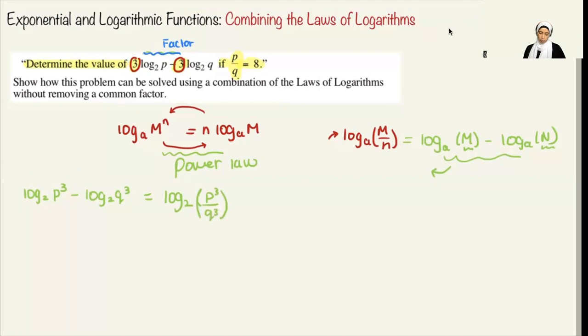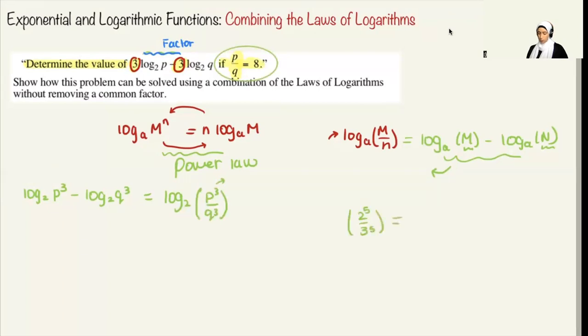Now, keep in mind, we don't know what P is and what Q is, but what we do know is that P over Q is equal to 8. And so what I can do here is I can bring this 3 outside, right? They both share a power of 3, and I can use then power of a quotient. And so a power of a quotient, remember from exponents, if I have 2 over 3, this is the power of 5, this is power of 5.